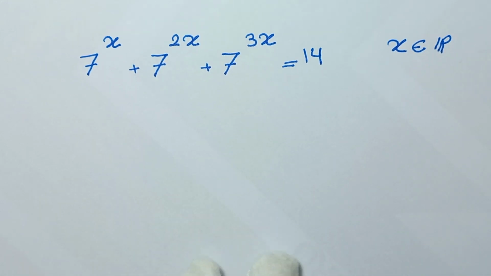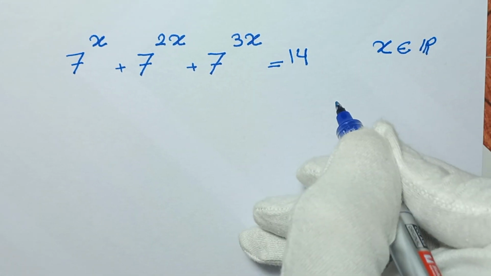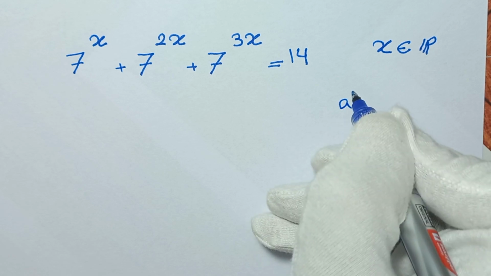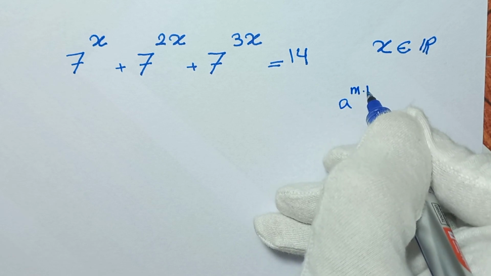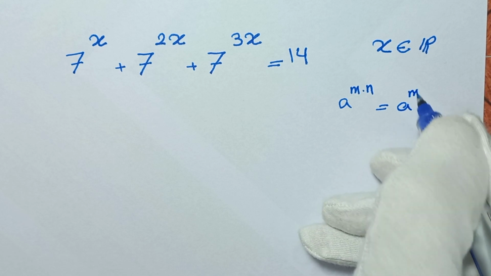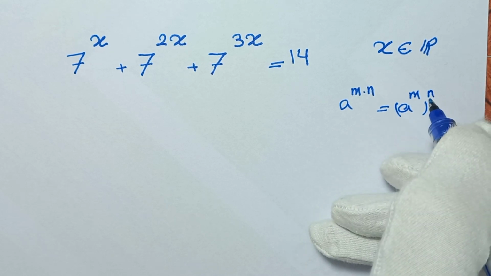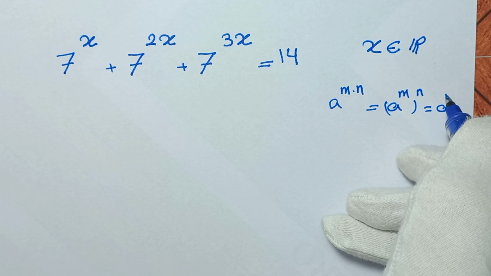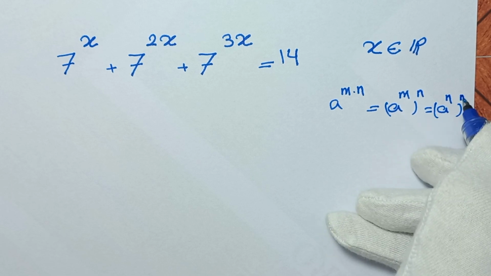In the first step, as you know, if we have a to the power of m times n, this is equal to a to the power of m to the power of n, or a to the power of n to the power of m.